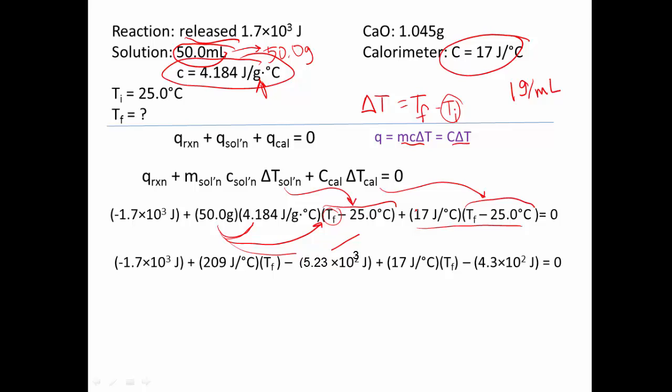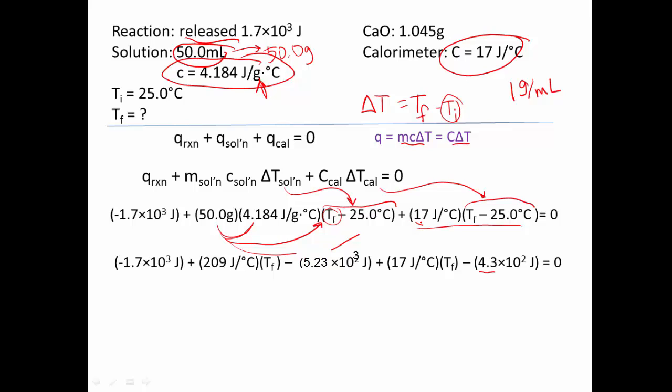So we get 4.3 times 10 to the second. Notice I'm keeping track of significant figures. Notice we have multiplications, additions, and subtractions. That means for each multiplication, you need to keep track of this sig fig right there. So that's why I only have 2 sig figs here. Our 17 only has 2 sig figs.